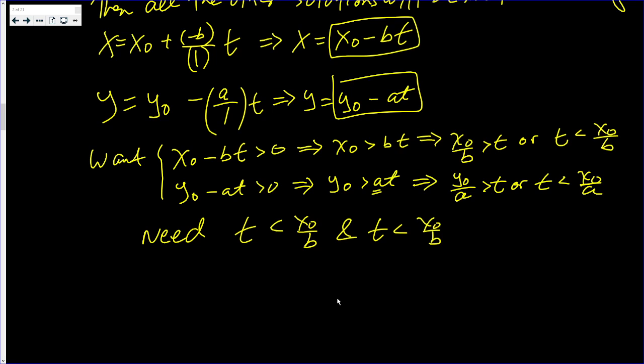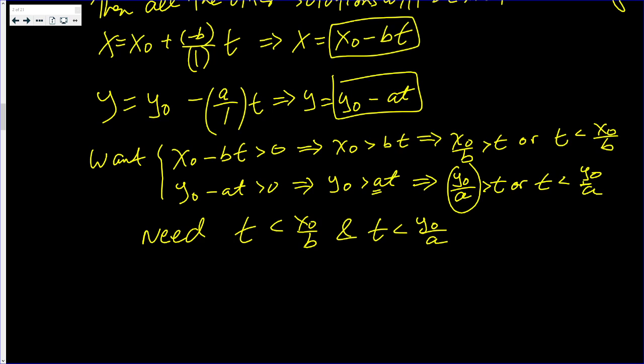Well, of course I must have a couple of mistakes there. This should be y0, just like it was right here. And this should be y0 over a. Okay.